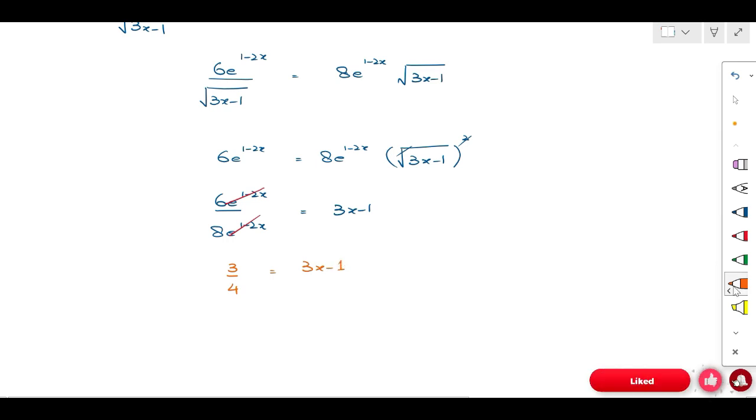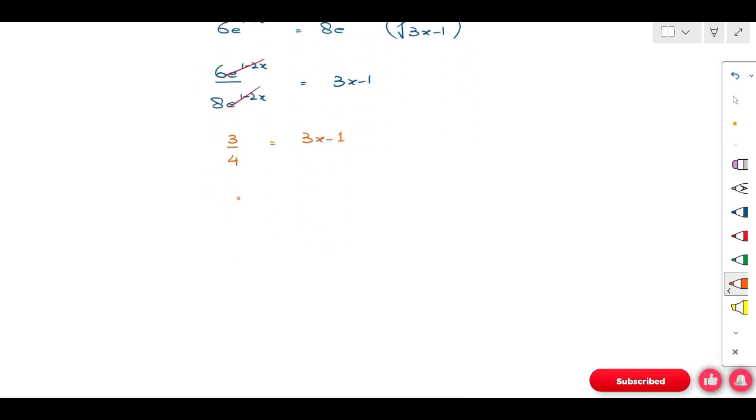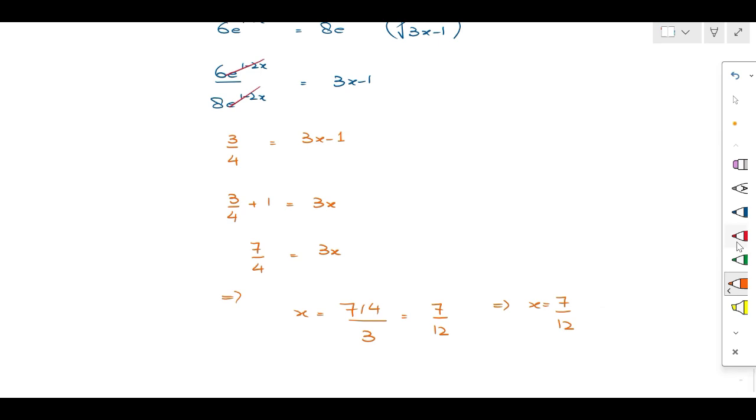Just solve for the exact x coordinate first, right? From 3 by 4 you have to add 1, you will get 3x. 3 by 4 plus 1 is 7 by 4, we have 3x. And from here the x value is 7 by 4 divided by 3, which is equal to 7 over 4 times 3 is 12. Now the exact x coordinate is 7 over 12.